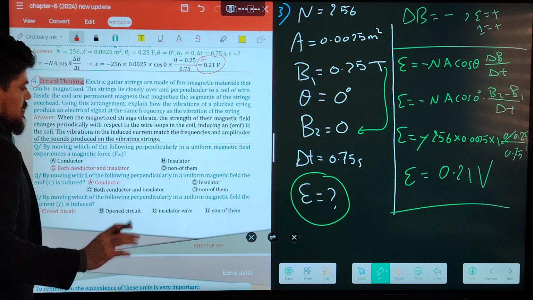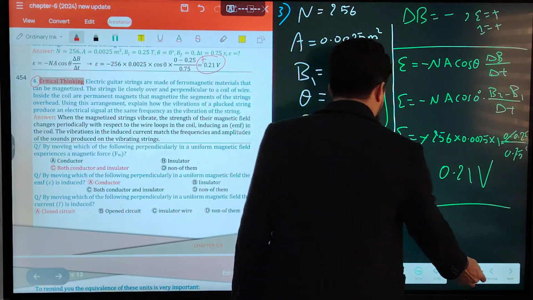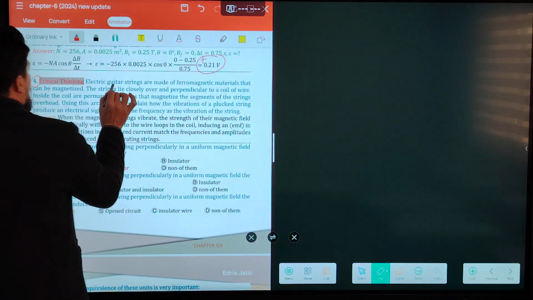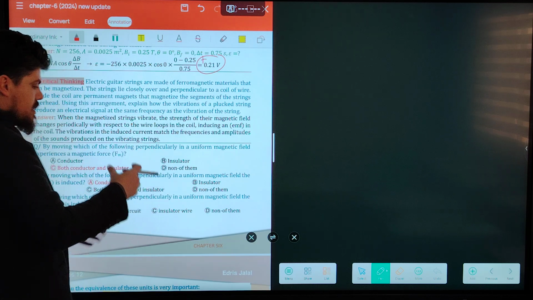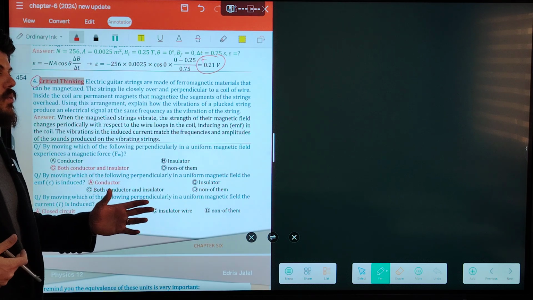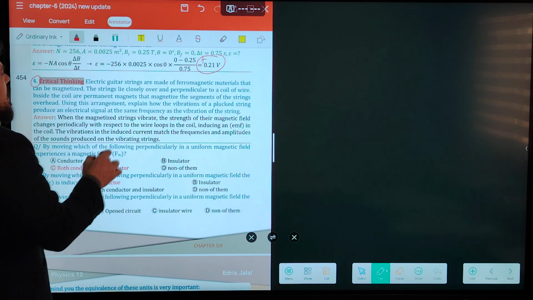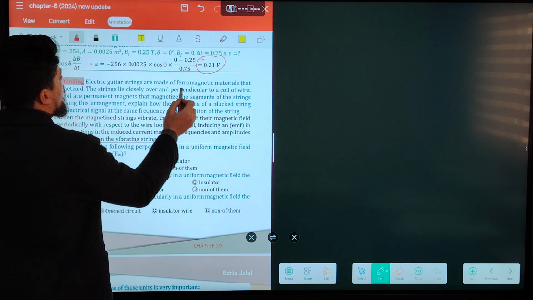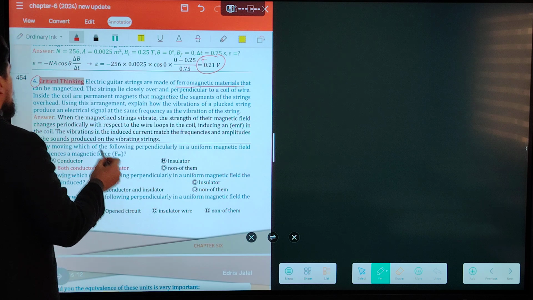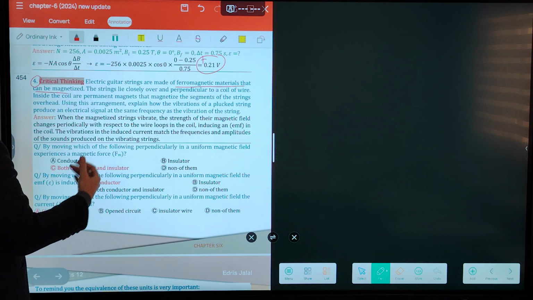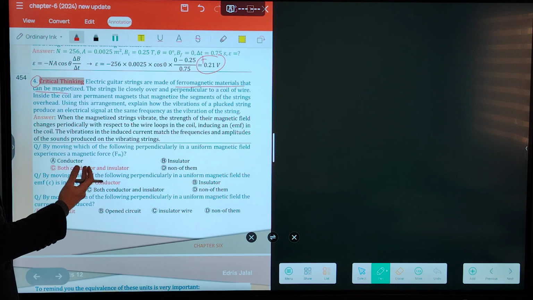The last question in this section, question 4. Electric guitar strings. We have two types of guitar, electric guitar and normal guitar. In an electric guitar, the strings are made of ferromagnetic materials that can be magnetized. What do you mean by ferromagnetic material? It can be magnetized.